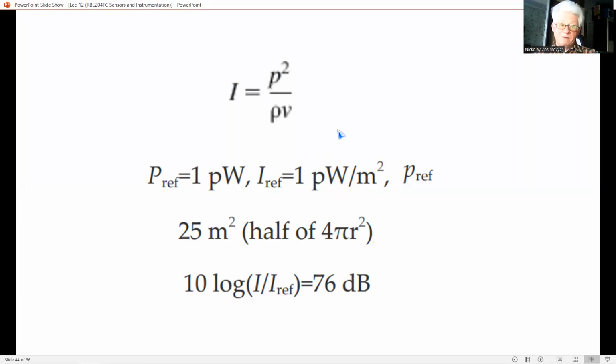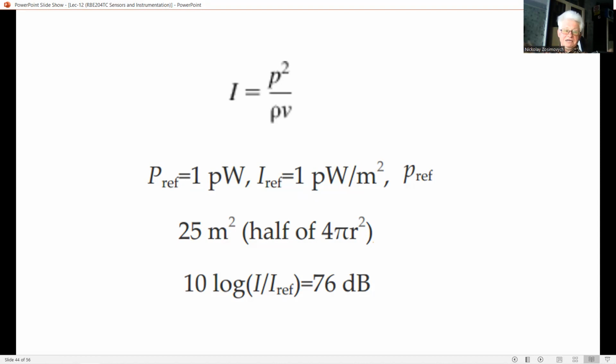Often sound power, pressure, and intensity are expressed in decibel, dB, which means relative to a reference value. Common reference values are P reference 1 picowatt, I reference 1 picowatt per square meter, and P reference, threshold of hearing, about 20 micropascal.